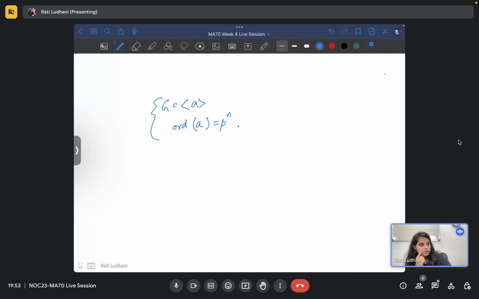So if b belongs to G, then this implies order of b is some p raised to power r, let's say, where r is less than or equal to n. So this will be this condition.